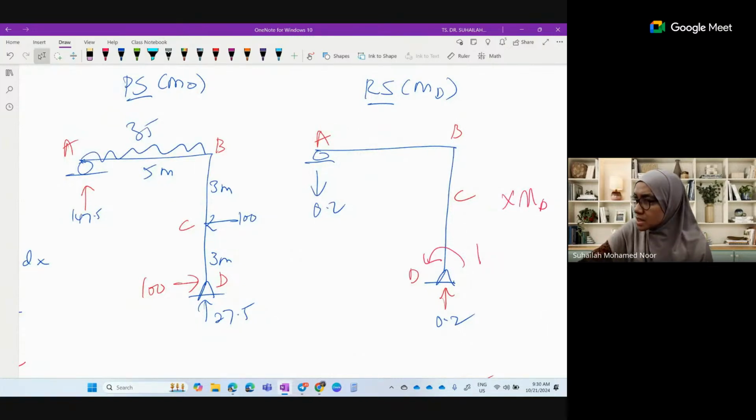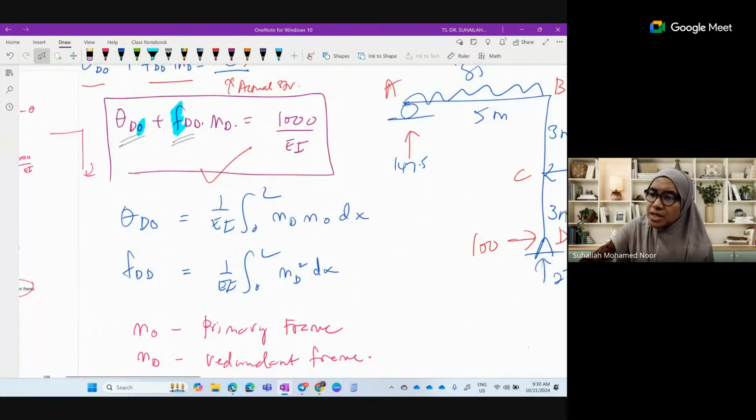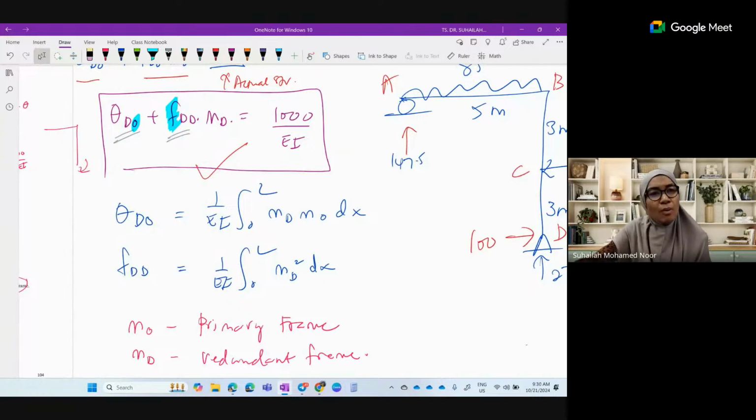One primary structure, one redundant structure. Okay, so refer back to compatibility equation. Tadi simbol, now formula, right?